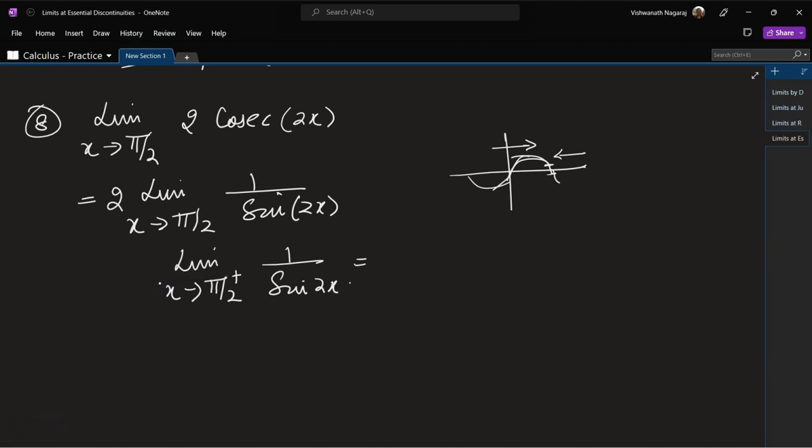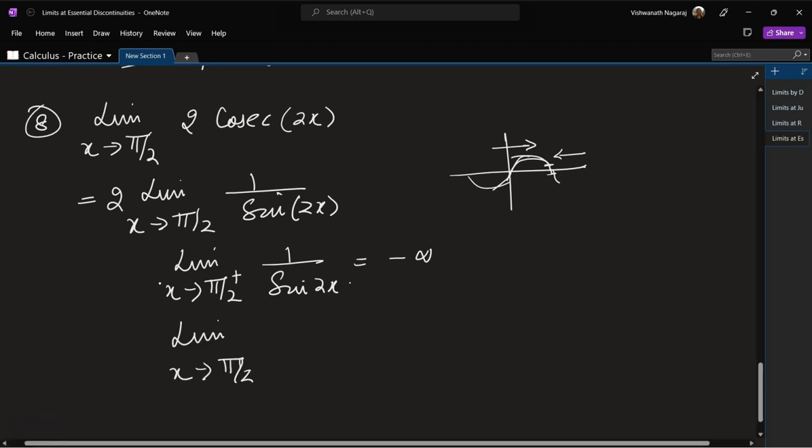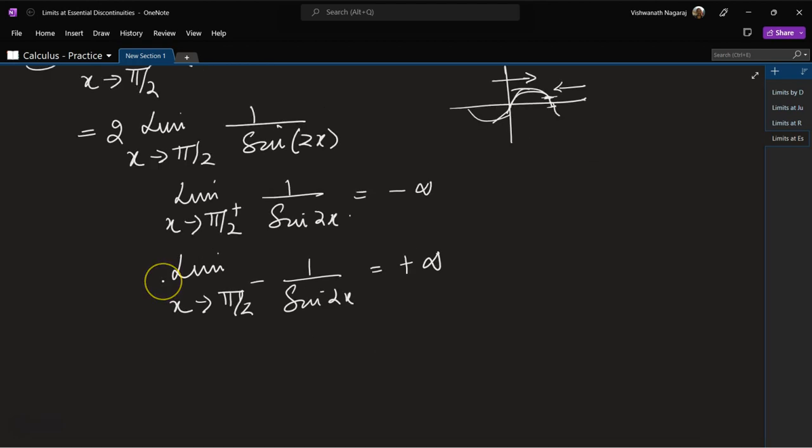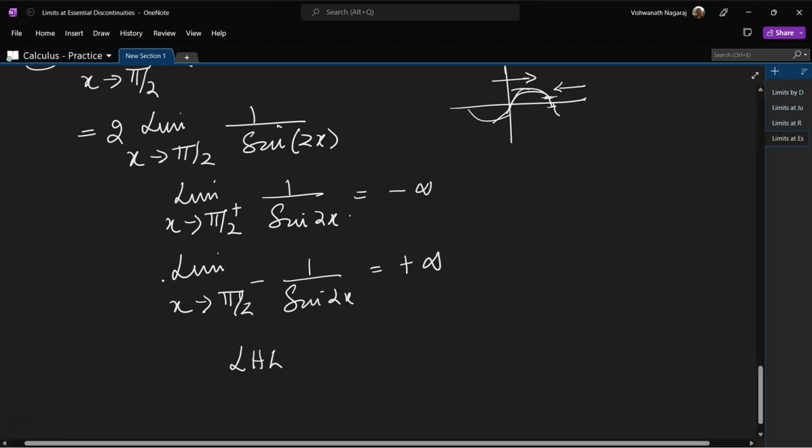This would be minus infinity. Now limit as x approaches pi by 2 from the negative side of 1 by sine 2x, here if you notice, it is positive. So this would be positive. Multiplying it by 2 doesn't have any impact. Since LHL, left hand limit, is not equal to the RHL, therefore no limit exists.